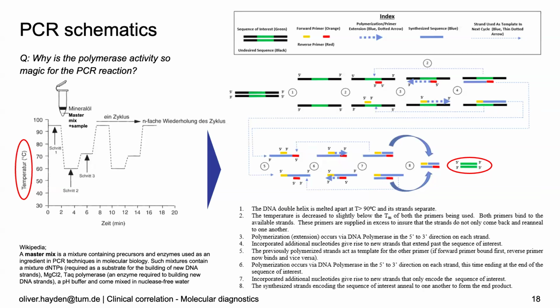The enzyme. So the PCR reaction has been optimized around the highest processivity temperature of the enzyme. Processivity means this is the average time an enzyme sits on a strand and just adds one nucleotide after the other until it falls off.